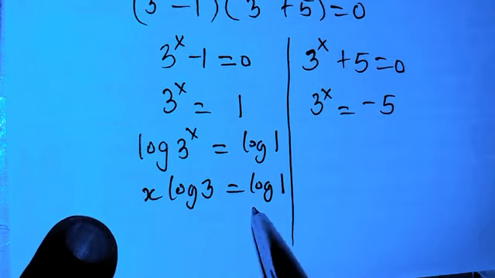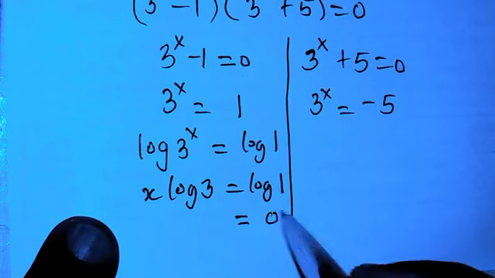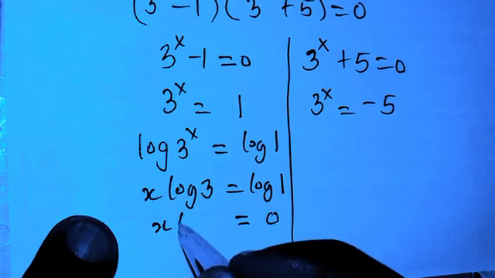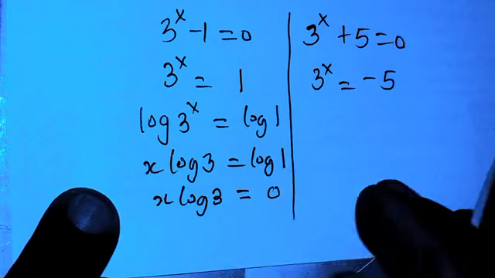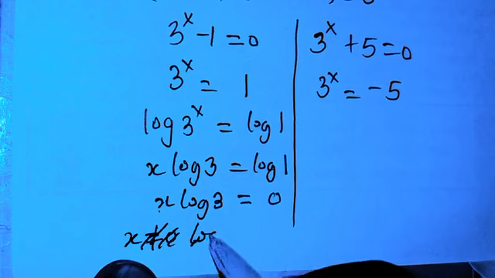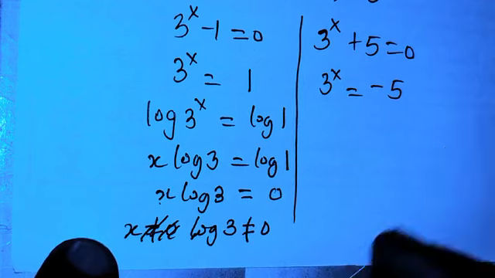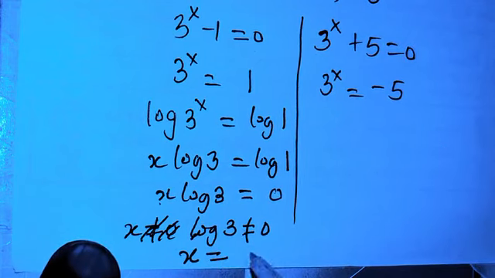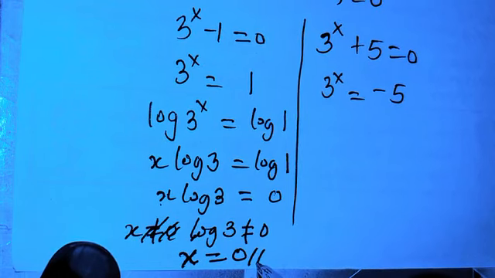Now log 1 will give us 0, then we have x log 3. The only thing that can be 0 here is x, because log 3 cannot be 0. That is, x equals 0.